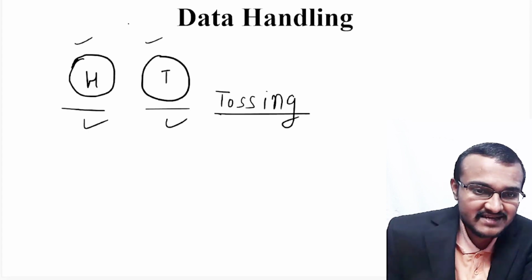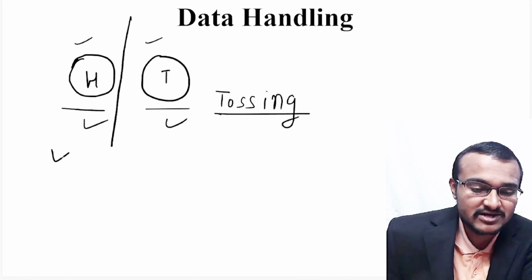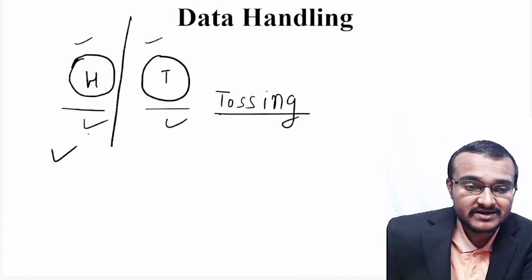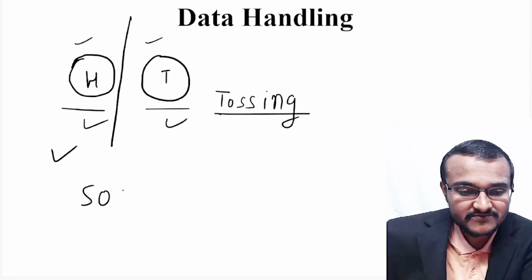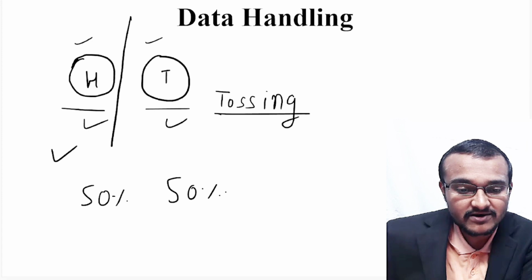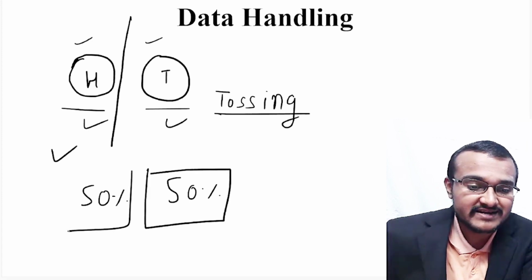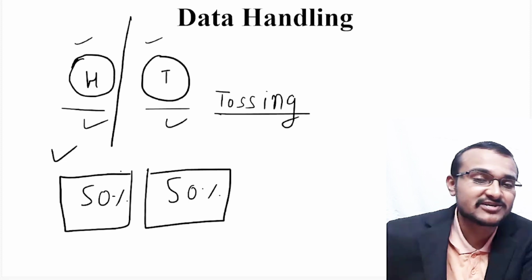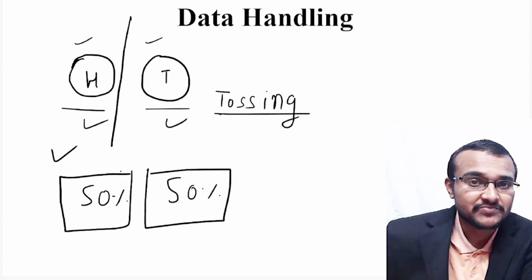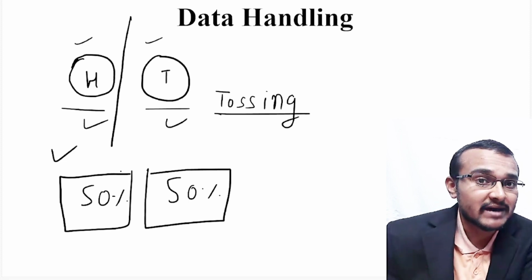Let's say I choose head as my outcome. If I only choose head, then 50% of the times I may get head and 50% of the time I may get tail. That means there is equal chance of getting head and tail when you toss a coin. That shows how probability works.